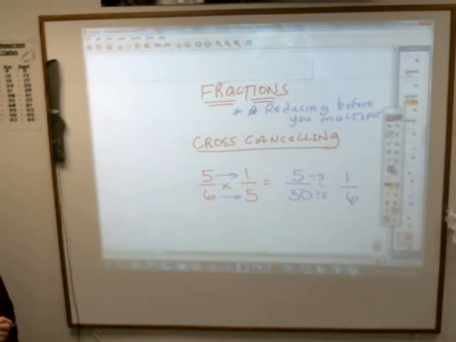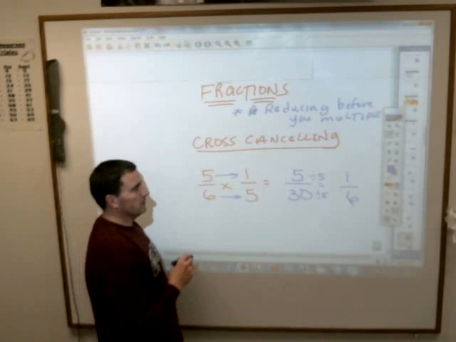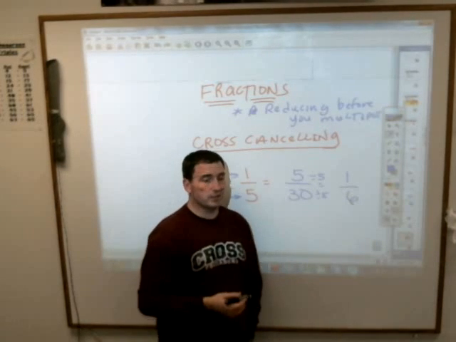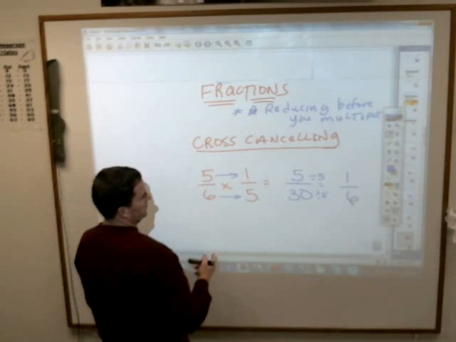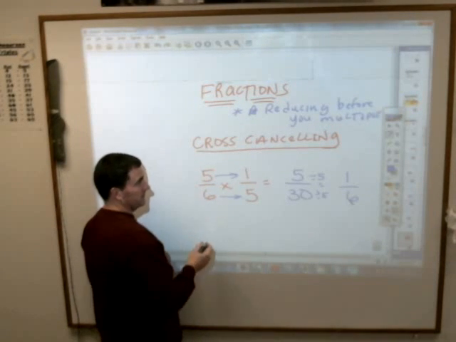But when you multiply fractions together, you can save yourself a lot of time, a lot of work, a lot of headache, especially when the numbers get a lot bigger, by cross-canceling. And all cross-canceling is this.